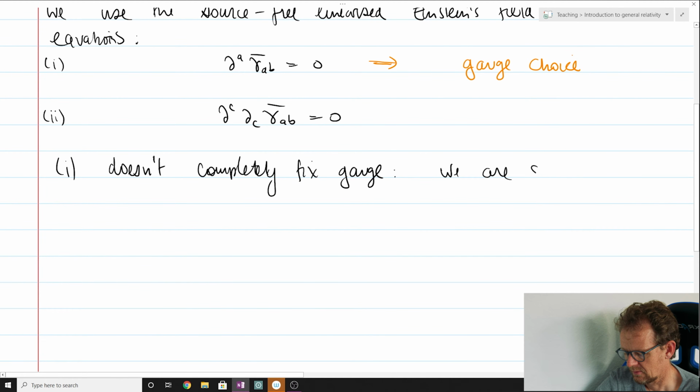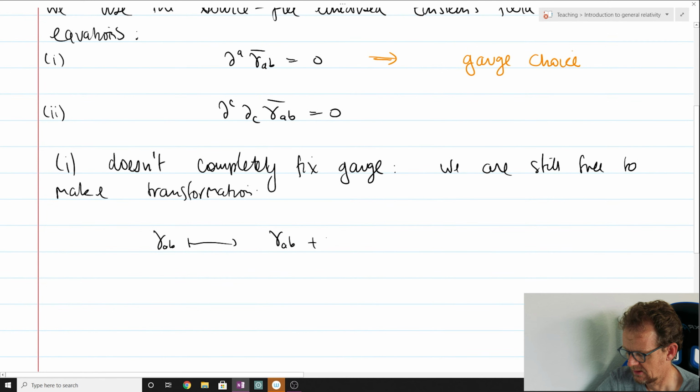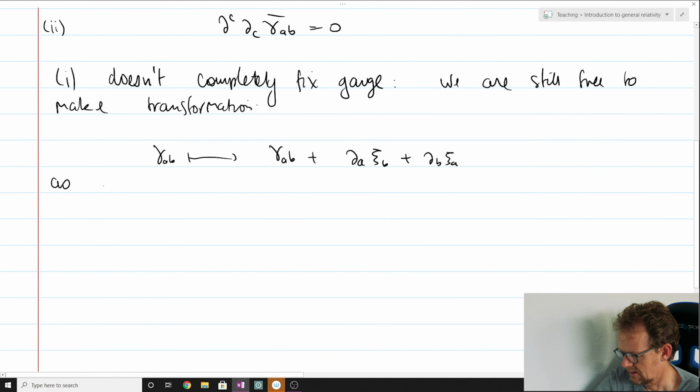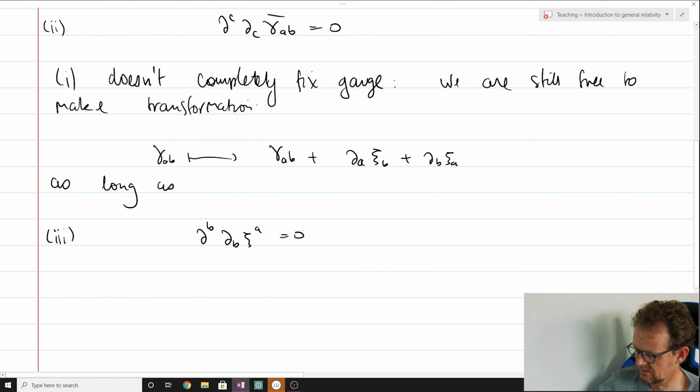So we are still free to make the following gauge transformation. Namely, we're allowed to take this perturbed metric and make an infinitesimal diffeomorphism generated by the vector field psi A, as long as this vector field obeys equation 3, the D'Alembert equation.